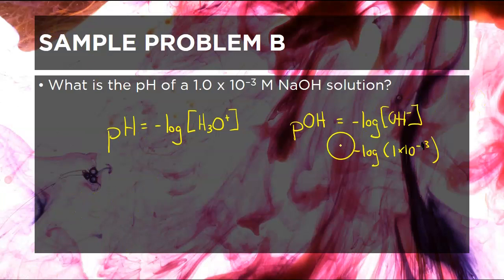But negative log of that is just the power. And it's negative, so it's going to be positive 3. See if you remember. What's that telling me my pH has to be? What does pH and pOH have to add up to? 14, so my pH is going to be 11.